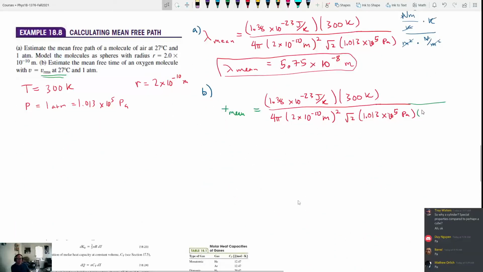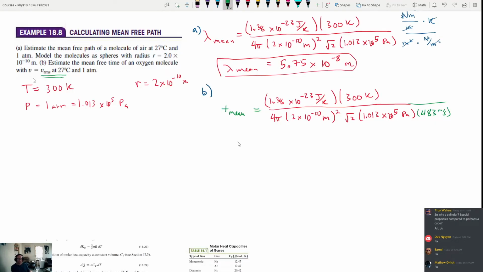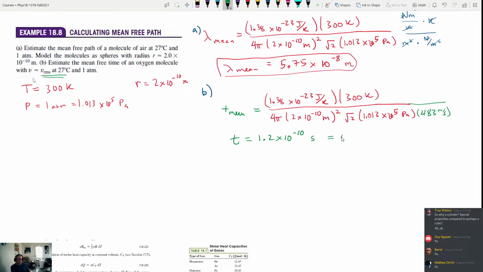So if we plug in 483 here, then this divided by 4 pi, 1.2 times 10 to the minus 10. Oh, not meters per second, this would just be seconds. And that is equal to 0.12 nanoseconds. In case you have a good understanding of nanoseconds.